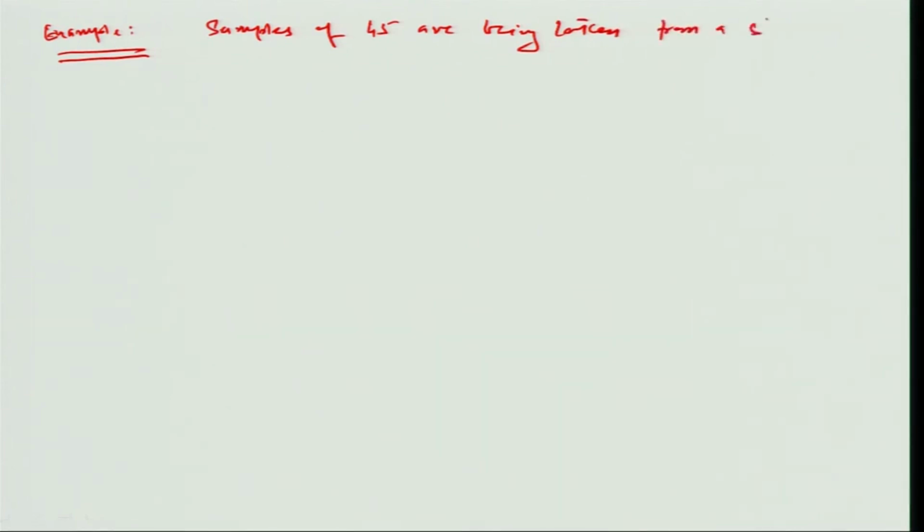So, I would like to discuss a small example problem here. Let us say samples of 45 are being taken from a stream of products.